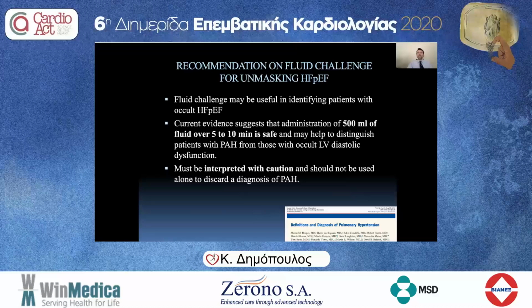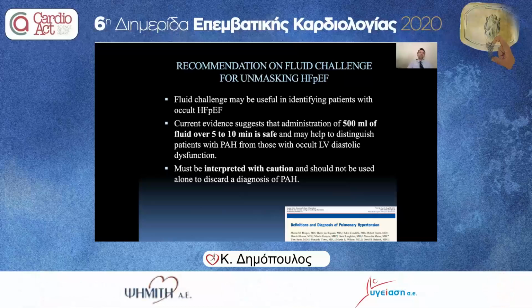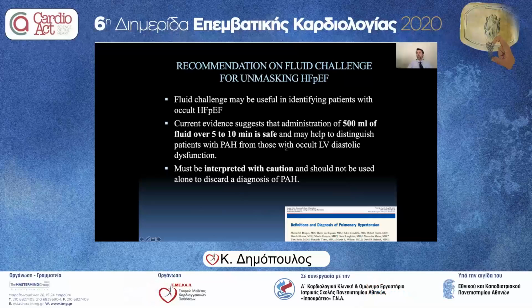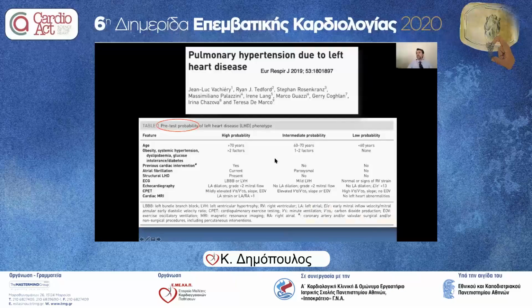And hence you go in and you find the wedge which is normal. Some people say you should be giving some fluid to challenge this and see if the wedge goes up. Unfortunately, there is no evidence to support this, and experts do this, but there is no evidence on how much to give and for how long. Certainly, if you do this, you need to be careful to monitor your pulmonary wedge pressure, not to have an overshoot and send the patient to pulmonary edema.